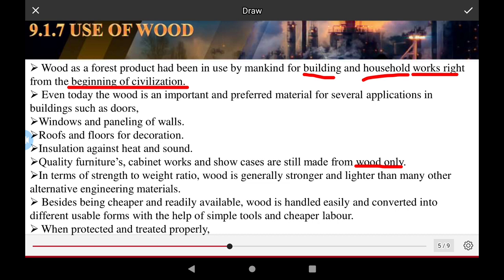Plywood is also applied in concrete work, where the structure consists of plywood supporting the concrete, initially used as formwork, and in structures and highways, which is an engineering application of plywood. Besides, wood is cheap and easily available, easy to handle and convert into different useful forms, and labor cost is lower when the product is made of plywood.